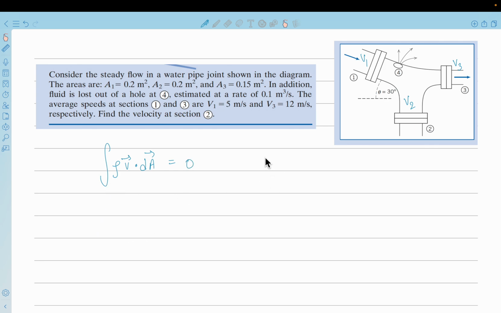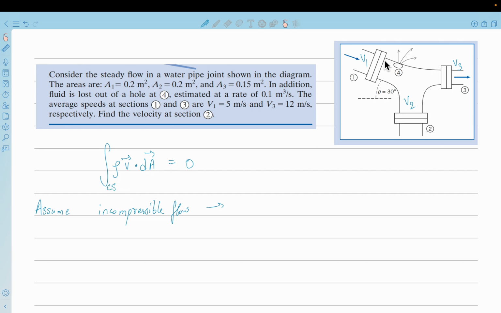Now we are going to make the assumption that this is an incompressible flow. We can just ignore density, and instead of the integral I can take a summation, because what I need to do is consider the control surface. Remember, the integral is over the control surface.